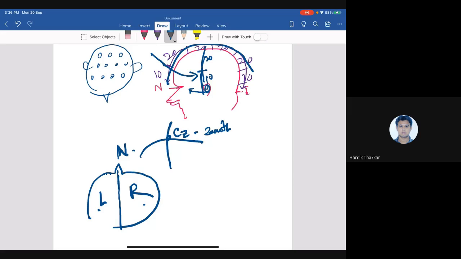Whatever electrodes come on this demarcation are designated as Z, whether FZ, CZ, or OZ. Z means they are on the central line. OZ means the occipital lobe, CZ means the central, and FZ the frontal.